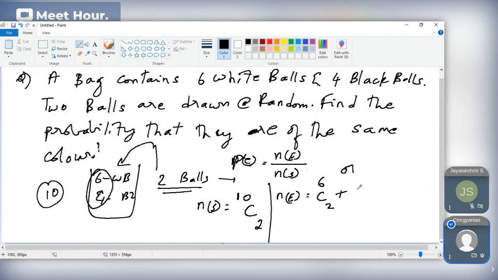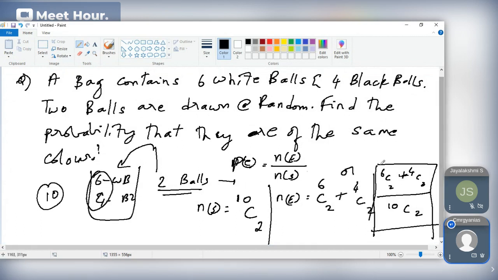Addition. Or out of four black balls, I take two. This is my N of E. So my final solution will be 6C2 plus 4C2 divided by 10C2. This is my final answer. If you solve this, you'll get the final answer.